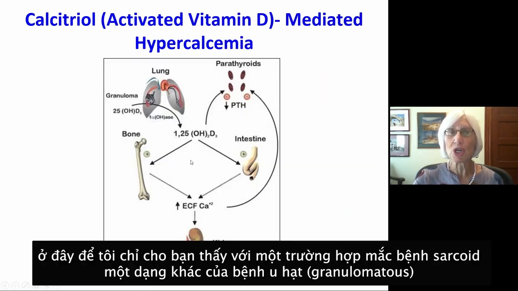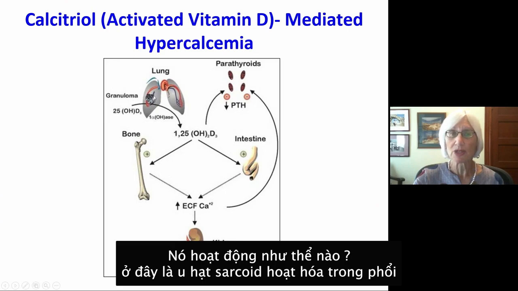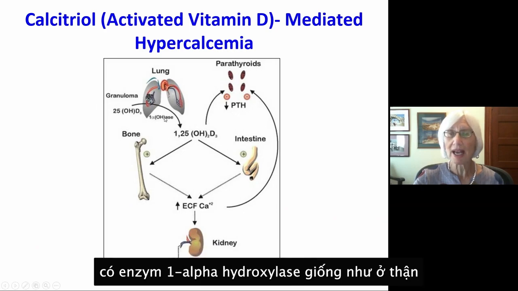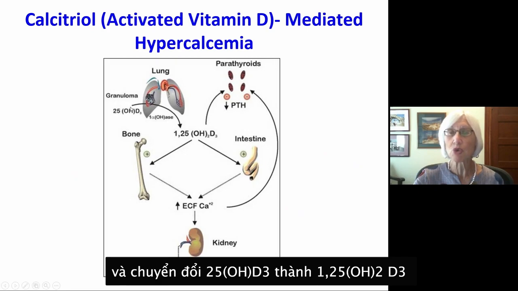Here, let me just show you with a case of sarcoid, another granulomatous disease, how this works. Here, the activated sarcoid granuloma in the lungs has the 1-alpha hydroxylase enzyme, just like the kidneys, and converts 25D to 1,25D.